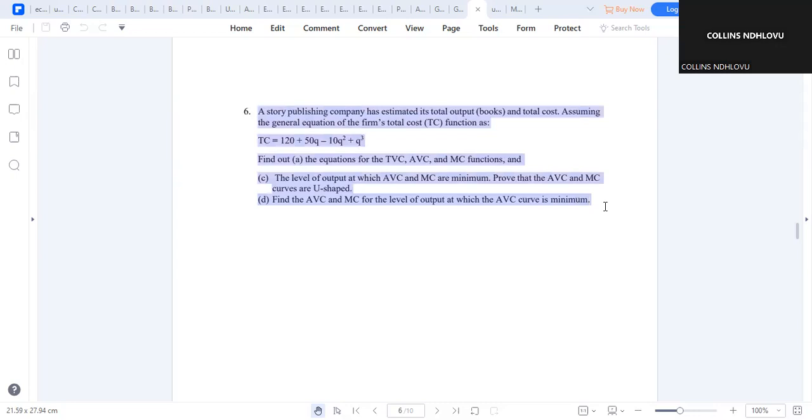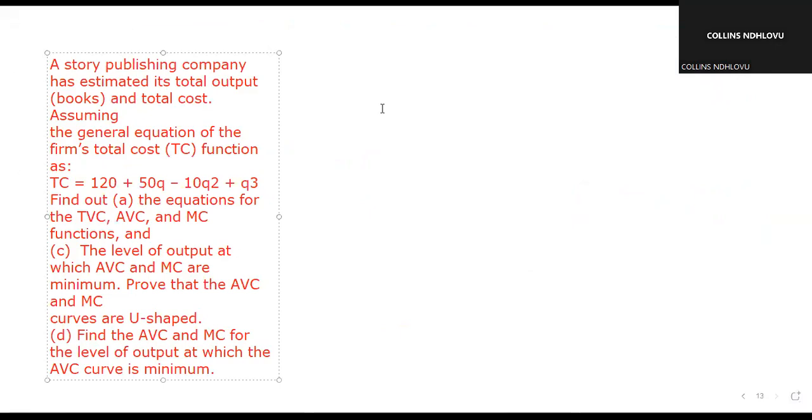Okay, so who remembers? Let me put this on my clipboard. Who wants to try? To find the total variable cost. What is the total variable cost?